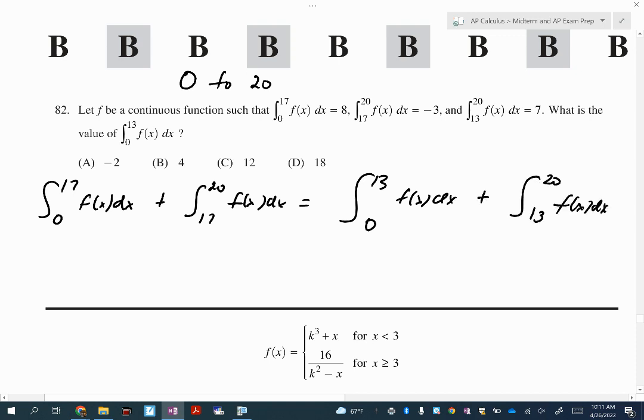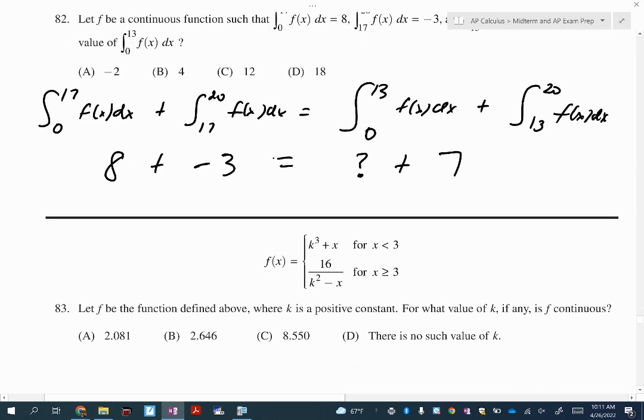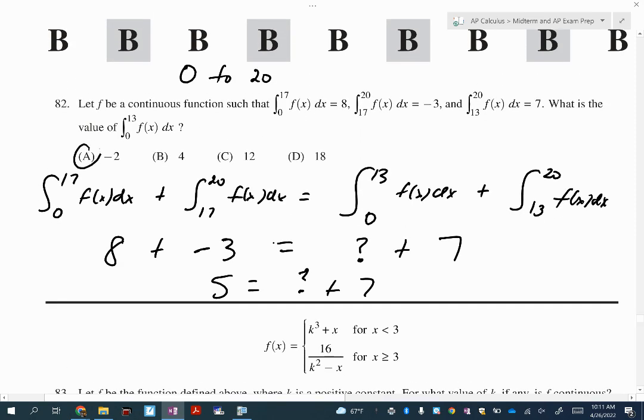Kind of like one of the problems we just solved a few minutes ago, there are 4 pieces here, and I know 3 out of 4, so I can solve for that missing one. This value is 8. This value is negative 3. I don't know this one, right? That's what I'm solving for. And this one is 7. So this becomes 5 equals, I don't know, plus 7. So for this to be true, that would need to be negative 2.